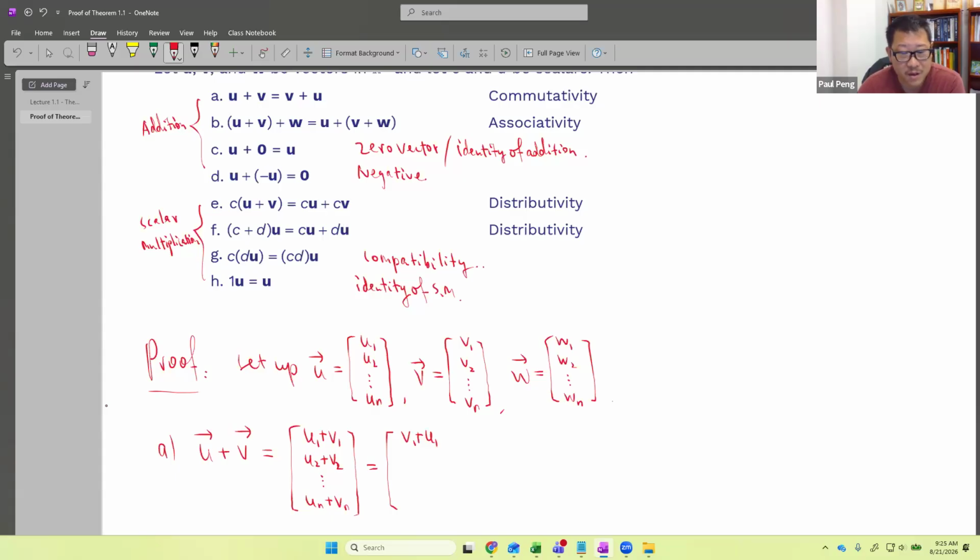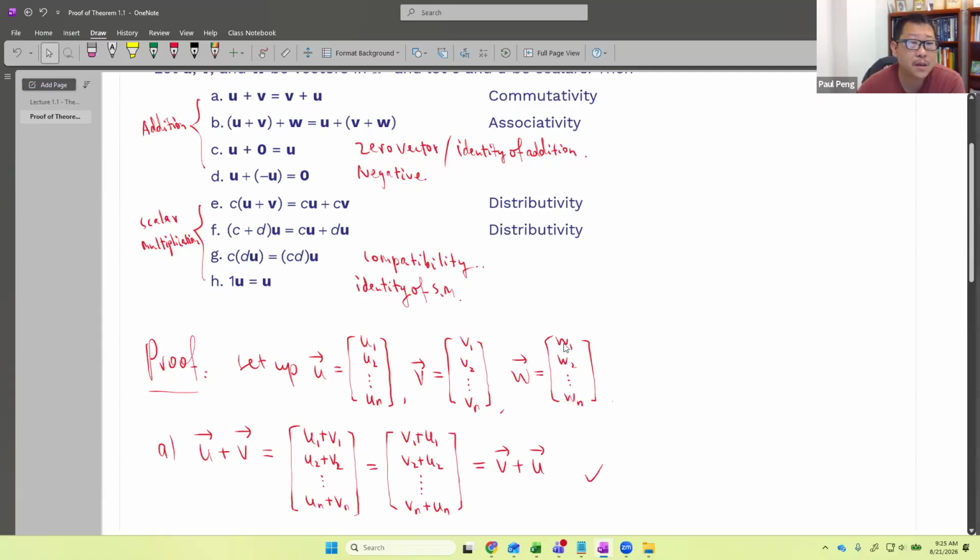Then there's v1 plus u1, and then v2 plus u2, going on to vn plus un. This is commutative for numbers. And now by the definition, this will be the vector v plus the vector u, right? That's v plus u. And then we are done with the first.